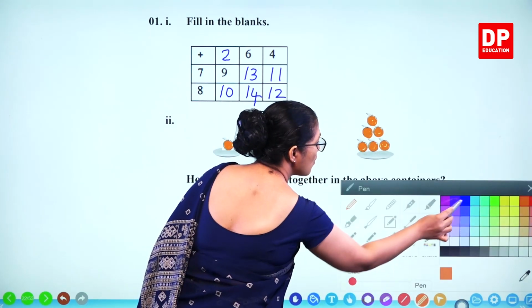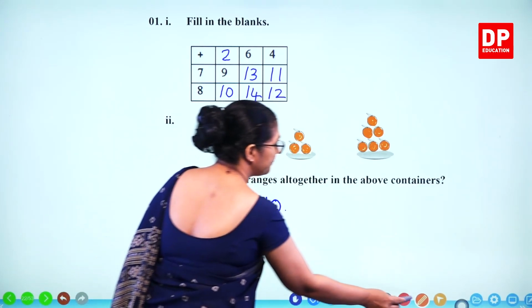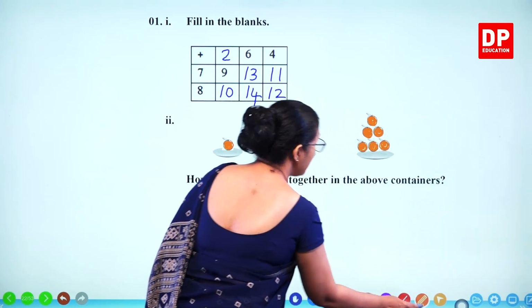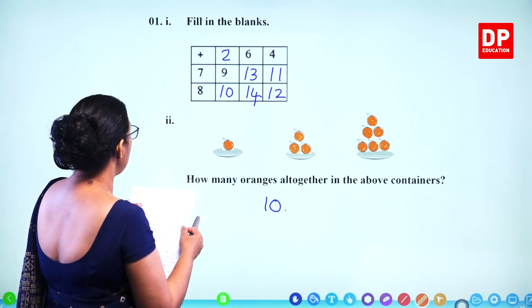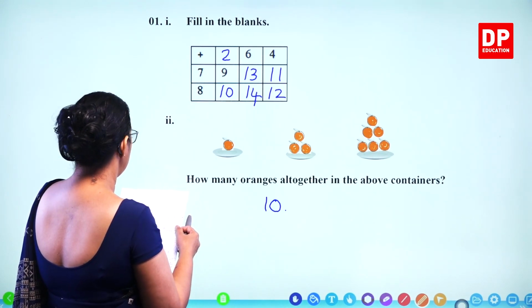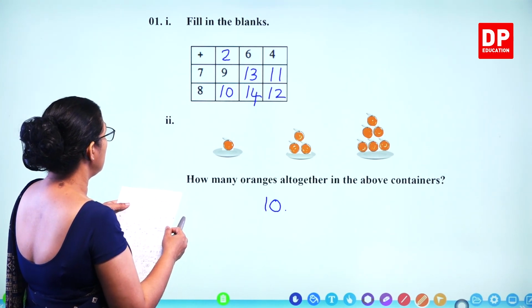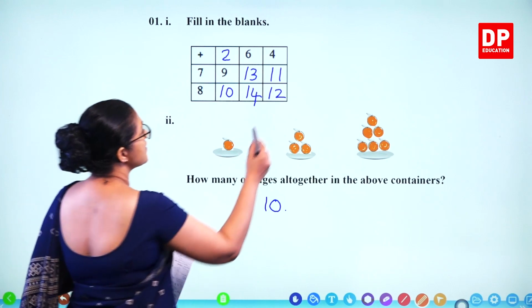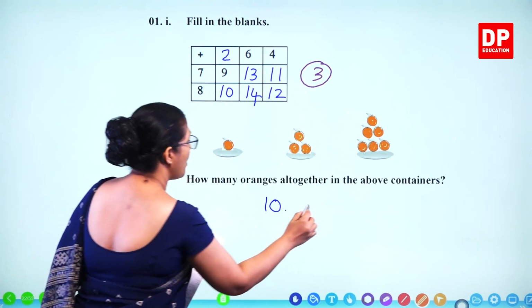So you can write altogether 10 oranges are there. So let's give marks for this one. 9, 13, 11, 11. Now 10, 14 and 12. So 3 marks here. And this one just 10, 1 mark.